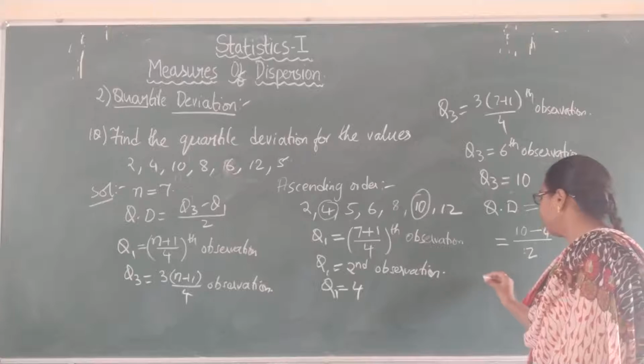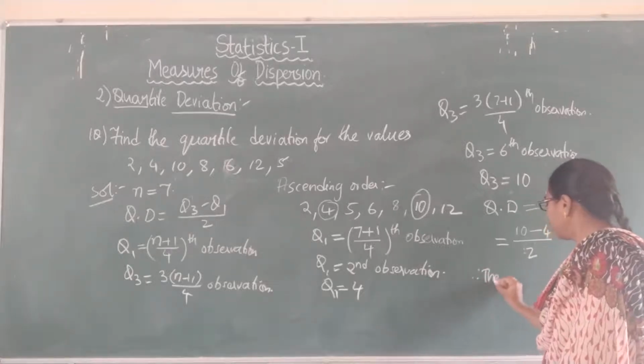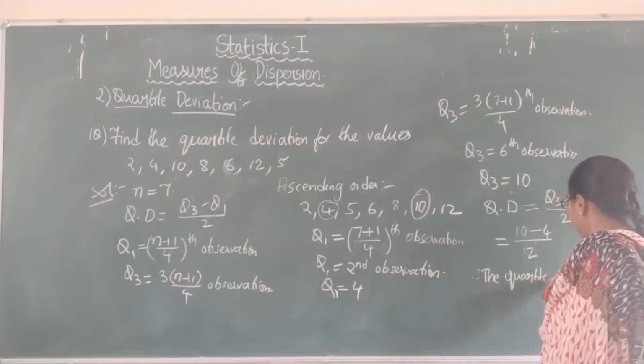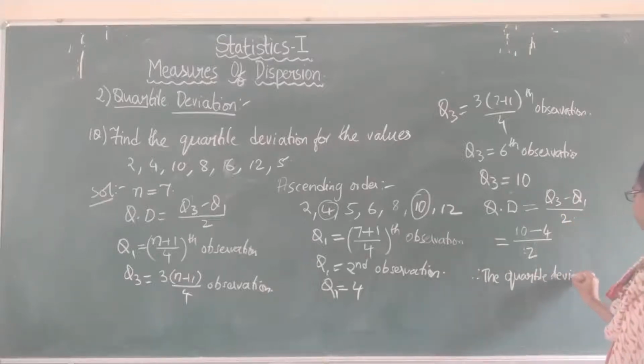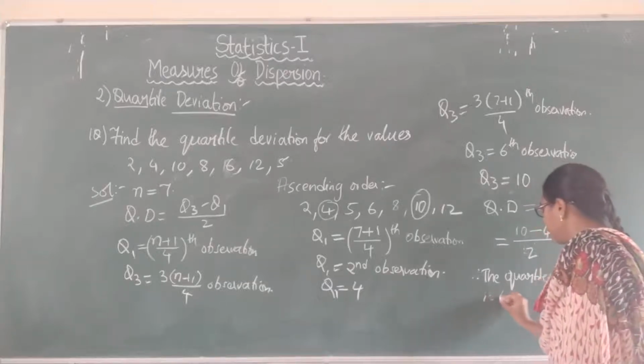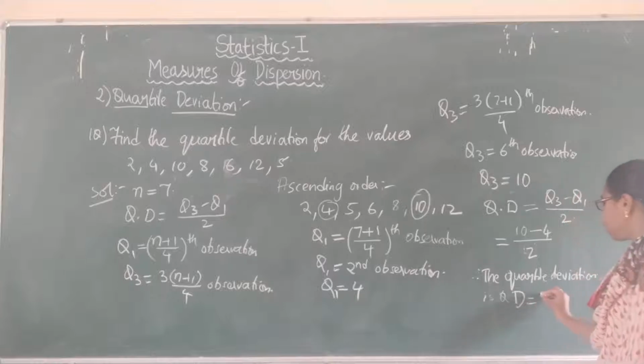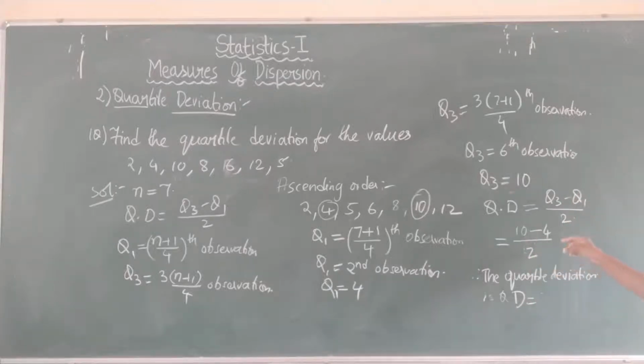So the quartile deviation for the given data is 3. In this way we are going to find the quartile deviation.